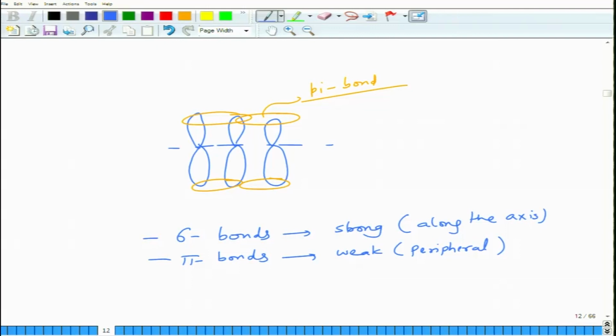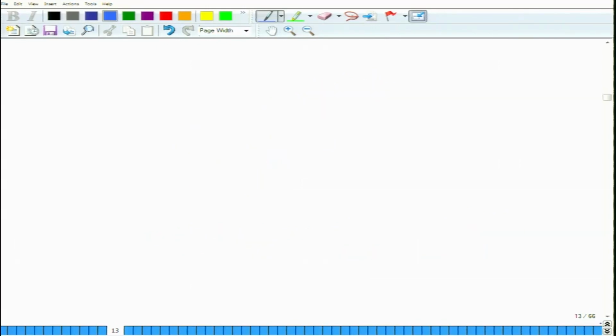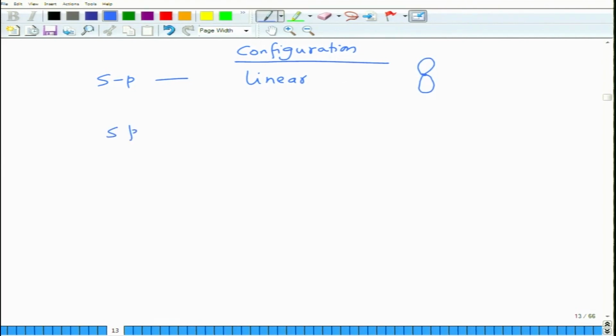All right. Typically, if you have sp hybridization, then the configuration will be linear. So, if I write the configuration, sp will lead to linear configuration. It would be something like that. This would be the linear configuration. If you have sp2, you will have triangular, things like this, and these angles will be 120 degrees.